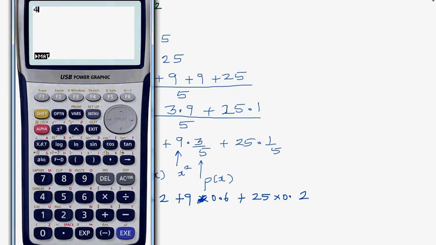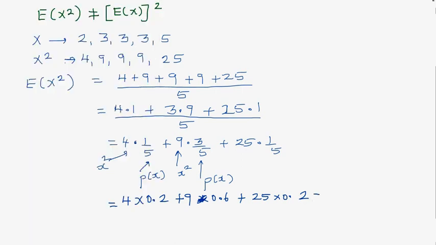So it is 4 times 0.2 plus 9 times 0.6 plus 25 times 0.2, which is 11.2. So this is 11.2, the expected value of x squared.